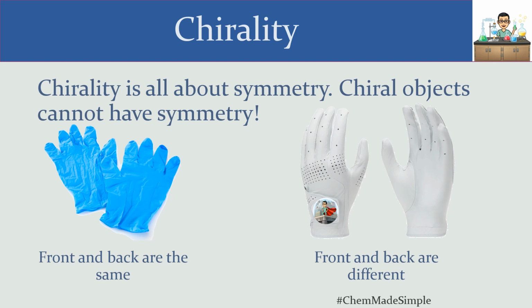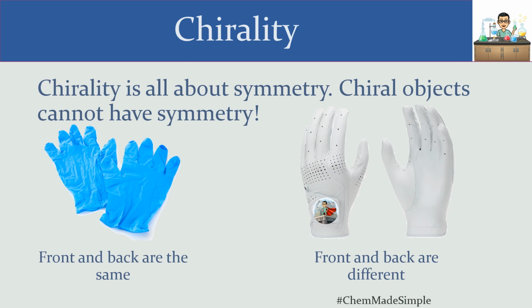So chirality is all about symmetry. If your object has symmetry, like the two squares that we saw before, then there's no chance for chirality. But if you take a look at your hand, the left half of your hand isn't exactly like the right.